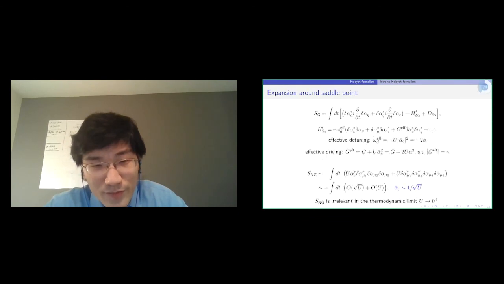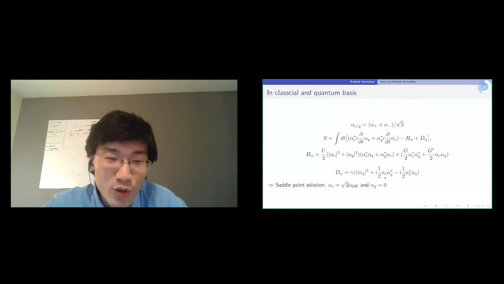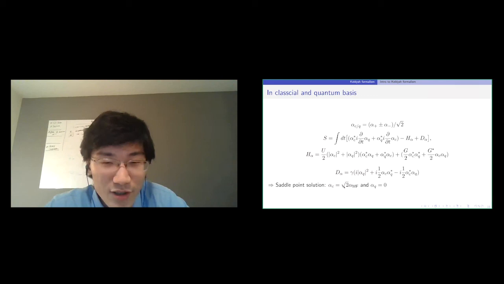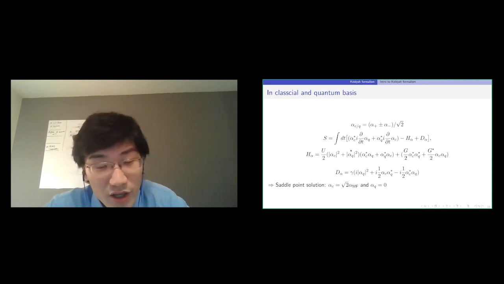So one thing you may want to notice is that the saddle point will give us the mean-field solution. So how do we get some quantum effects? The thing is that you can do some perturbation of the nonlinear part, because for a quadratic action you can solve anything.